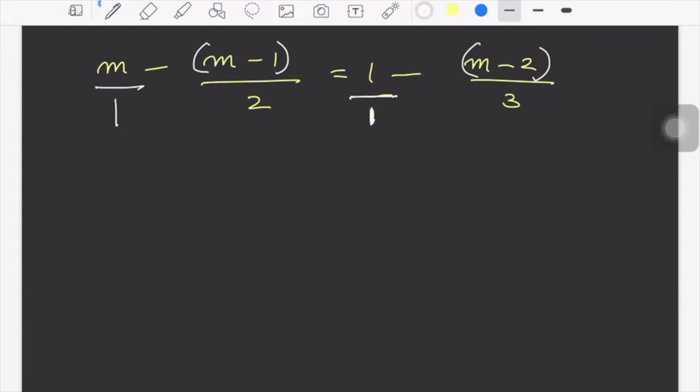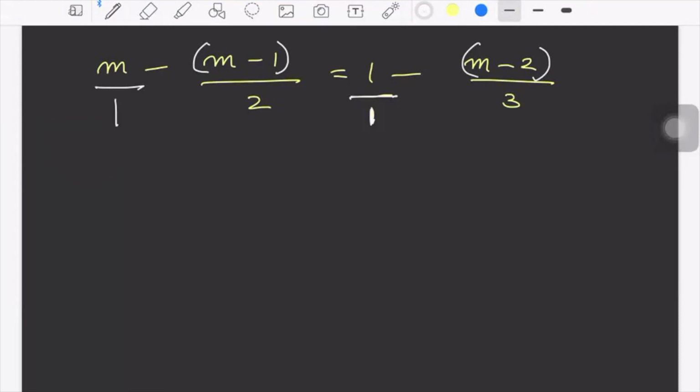What will that number be? You understand what I'm saying, right? I want to multiply the entire expression with a number so that all the denominators on both LHS and RHS just go away.